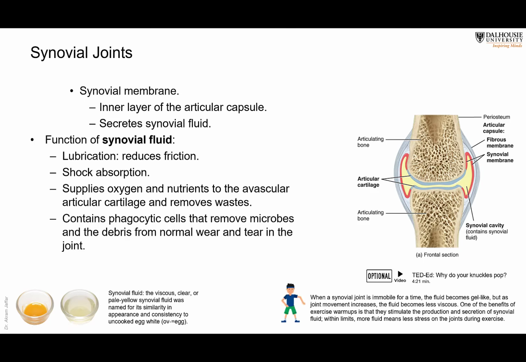So it needs this fluid for nourishment, and at the same time to remove the byproducts of metabolism. If there is any debris resulting from the wear and tear of the use of the joint, there are macrophages present in this synovial fluid, which will eat or remove this debris. So this fluid is very important. As I said, it carries oxygen and removes CO2, so it has some gas dissolved in it.